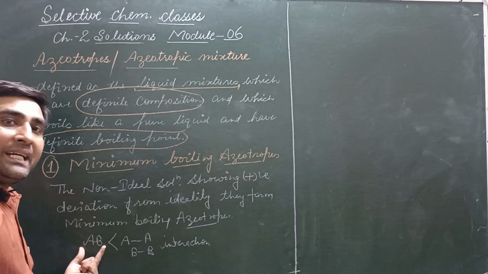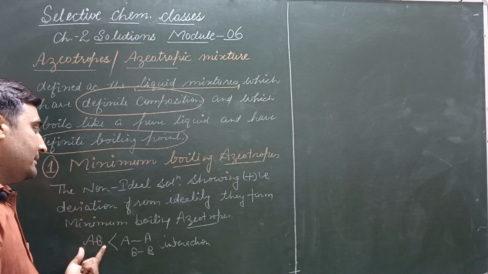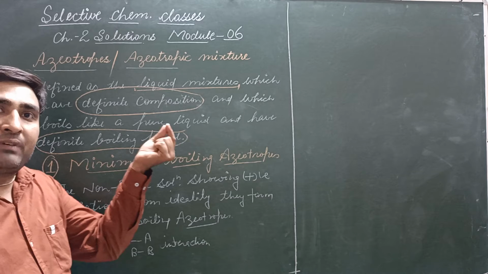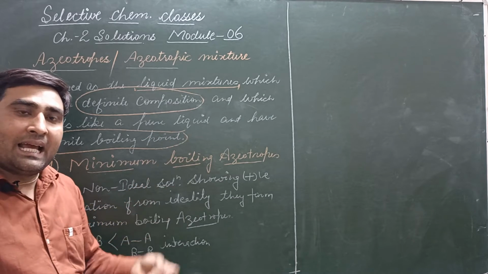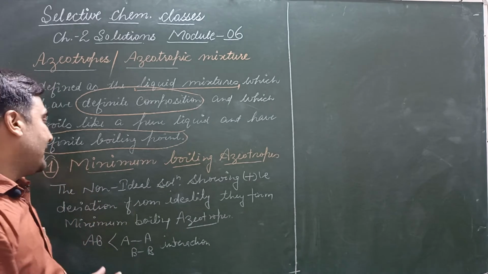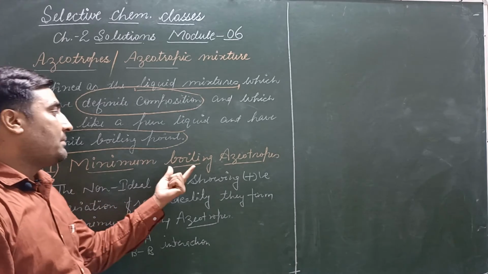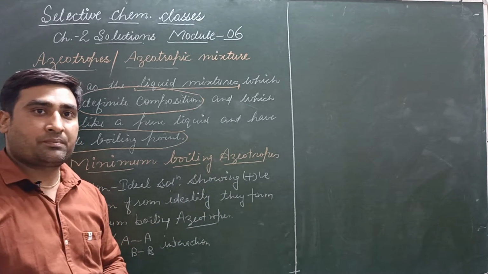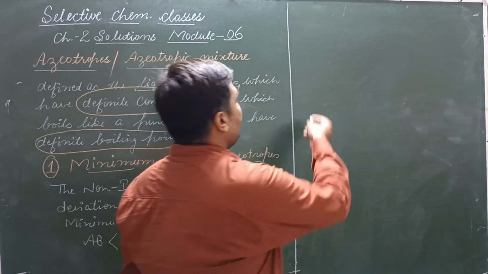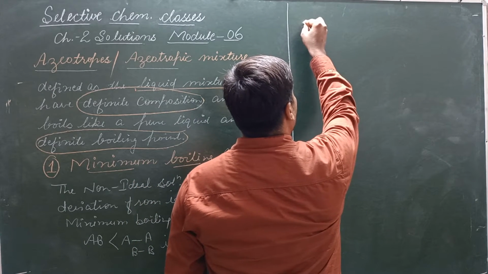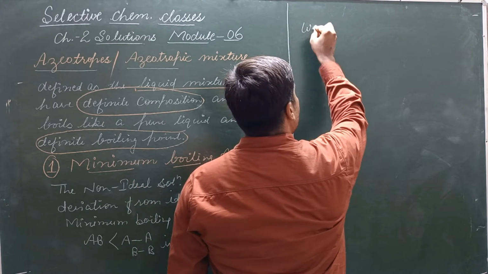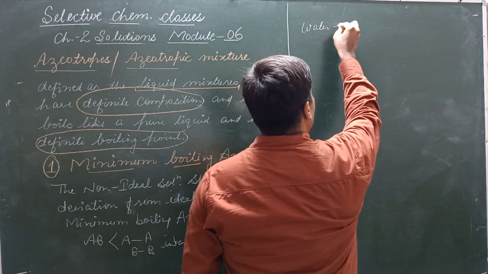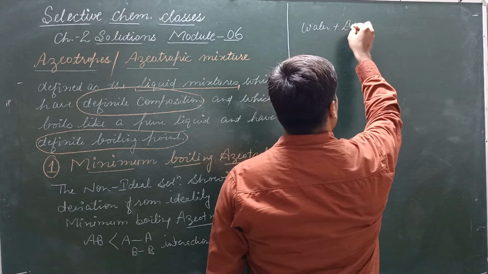Due to the weak interaction of A-B, these can easily form vapors and have a lower boiling point. That's why they are named minimum boiling azeotropes. For example, we have water plus ethyl alcohol.